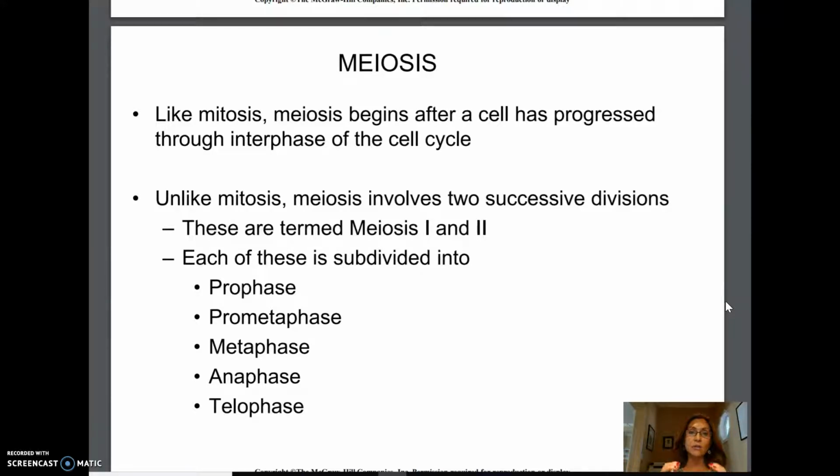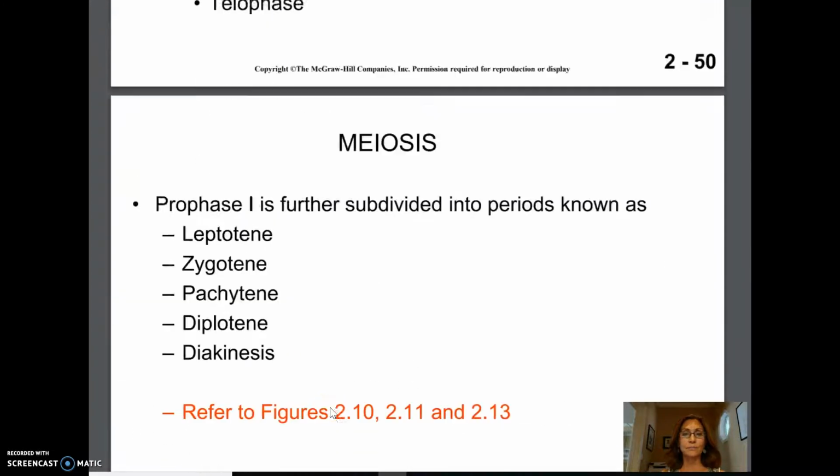Then, when M phase hits, you go through what's called meiosis 1, and then you totally skip G1, S, and G2 again, and you go through meiosis 2. So what you have is G1, S, G2, prophase 1, prometaphase 1, metaphase 1, anaphase 1, telophase 1, going straight to prophase 2, metaphase 2, anaphase 2, and telophase 2, and then cytokinesis.